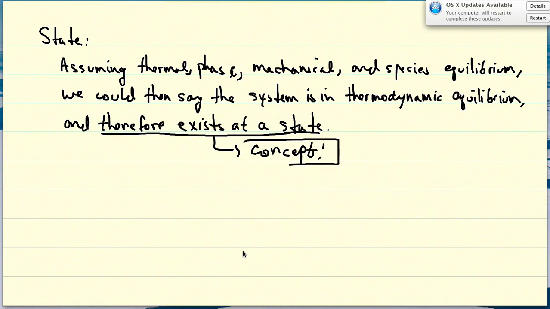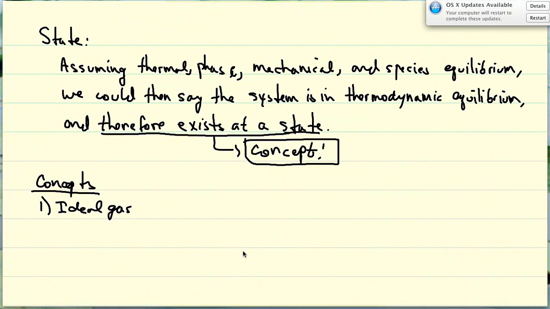Okay, very good. So we're over time, so I'll just very quickly summarize what the important concepts are. So our important concepts, of course, are ideal gases. We talked quite a bit about ideal gases, how we define them, how we know if they're an ideal gas or not, what the ideal gas equation is.